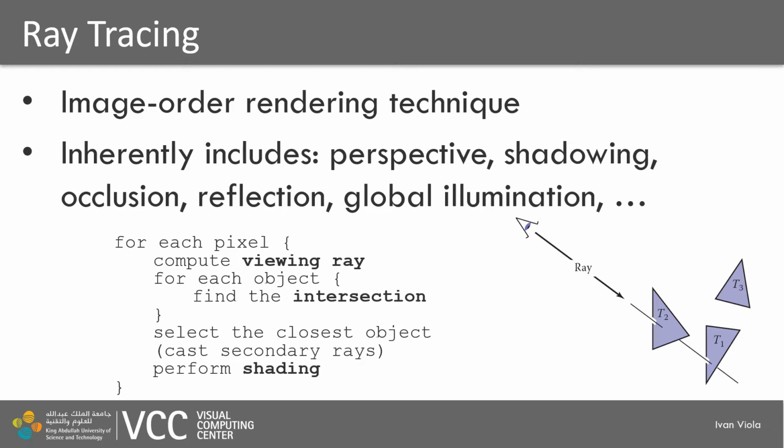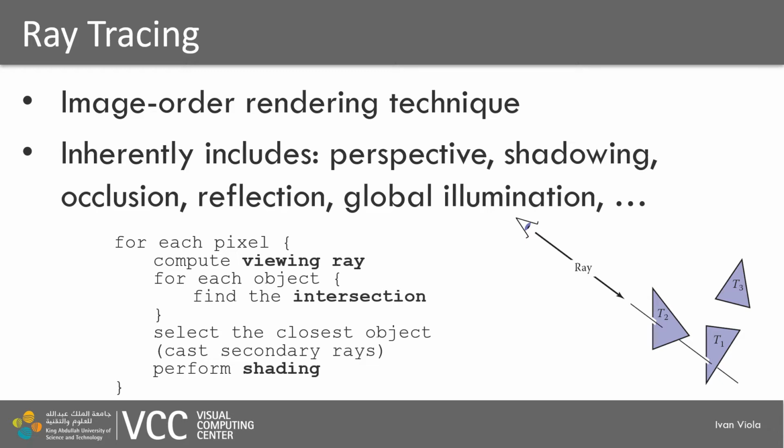In ray tracing, we work in the opposite direction, starting from the eye, and we are casting the rays from the eye towards the scene, and at some point we are connecting these rays with the light sources in order to evaluate how much a particular part of an object is illuminated or in shadow.